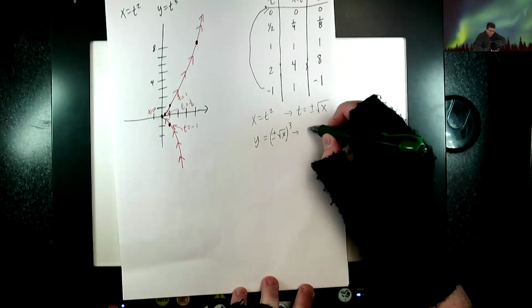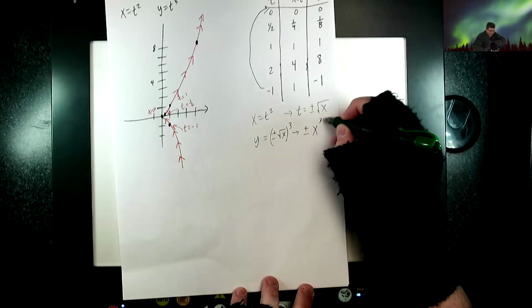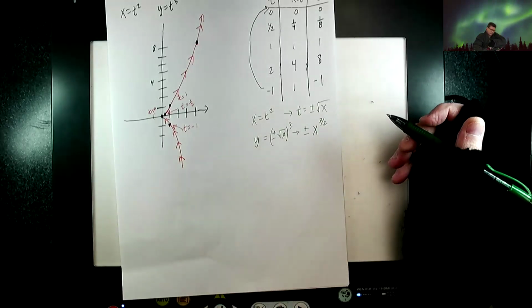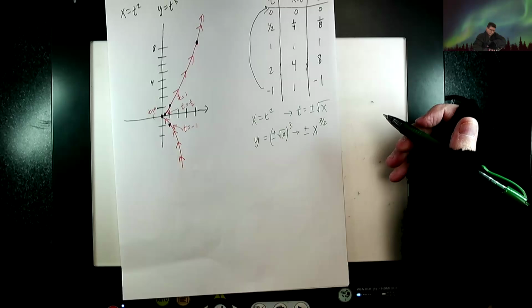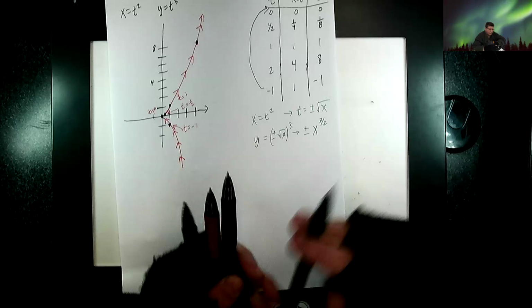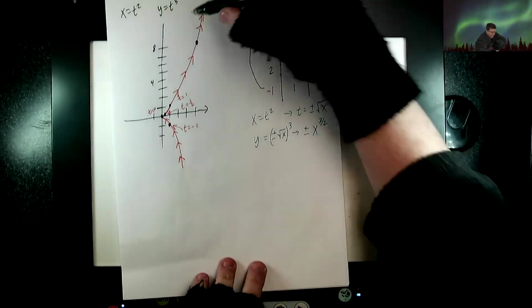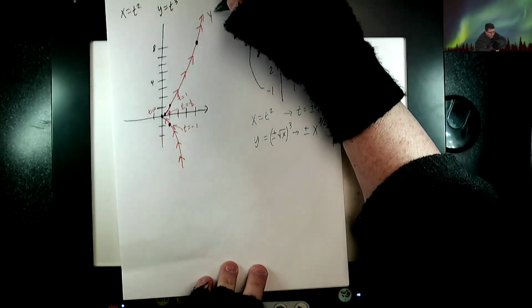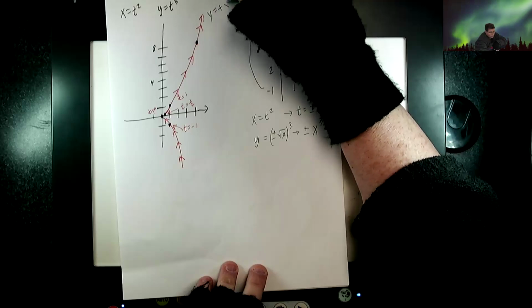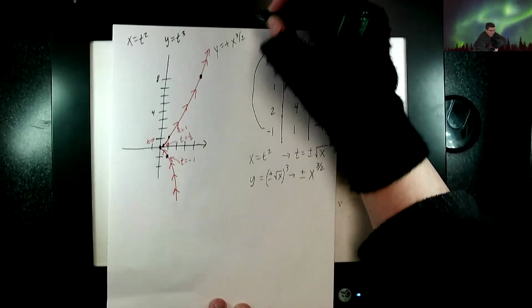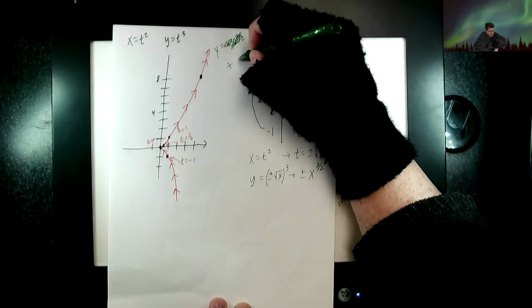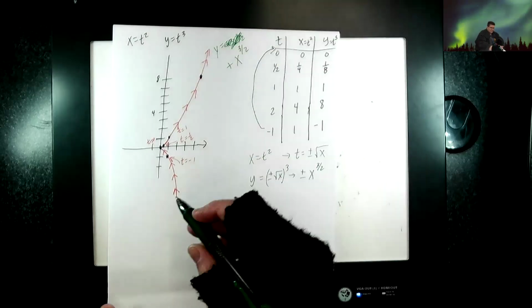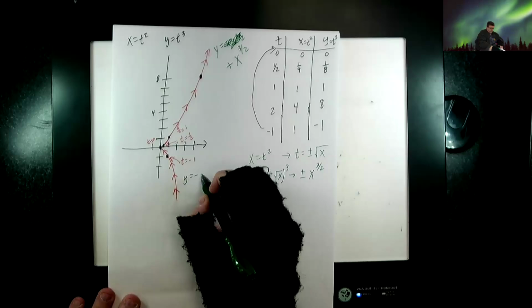This is like plus or minus x to the 3/2. So this side up here has got to be the positive one, and down here would be the negative one.